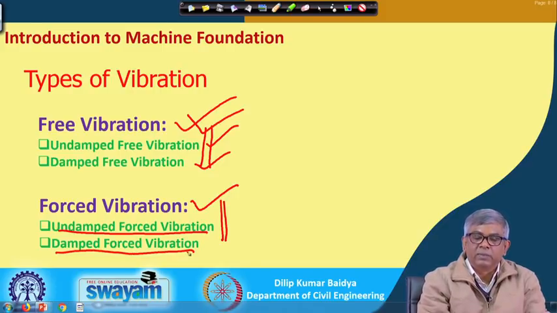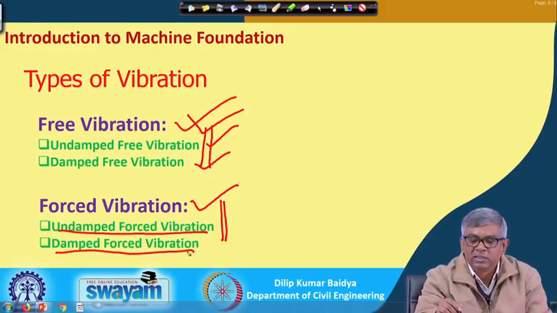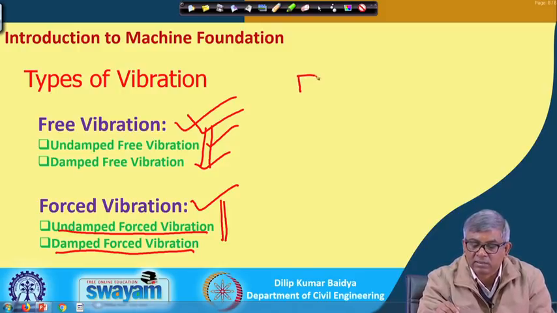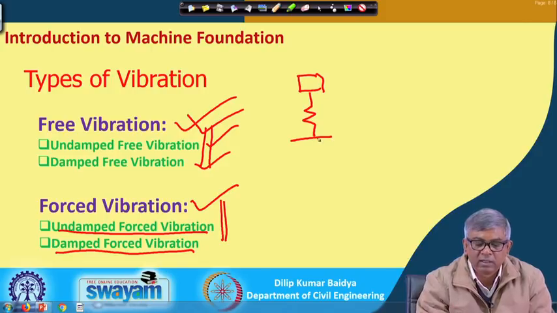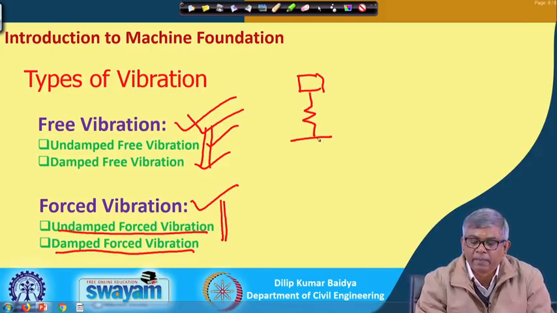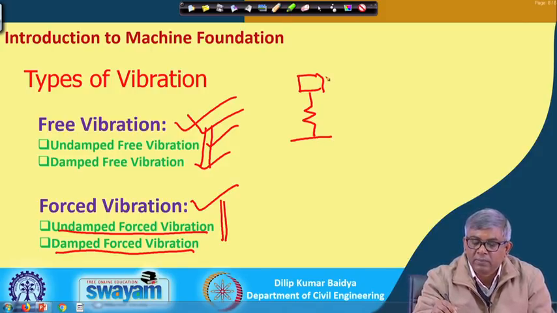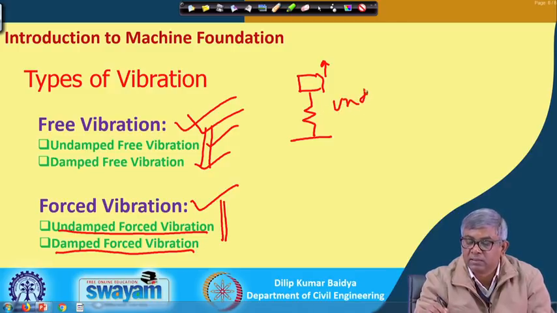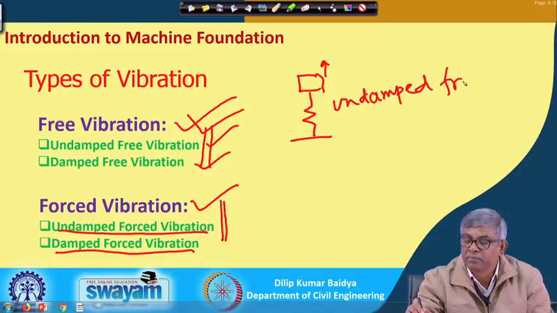Okay. So if I model a mass and a spring, and I give an initial displacement, then what will happen is actually undamped free vibration.